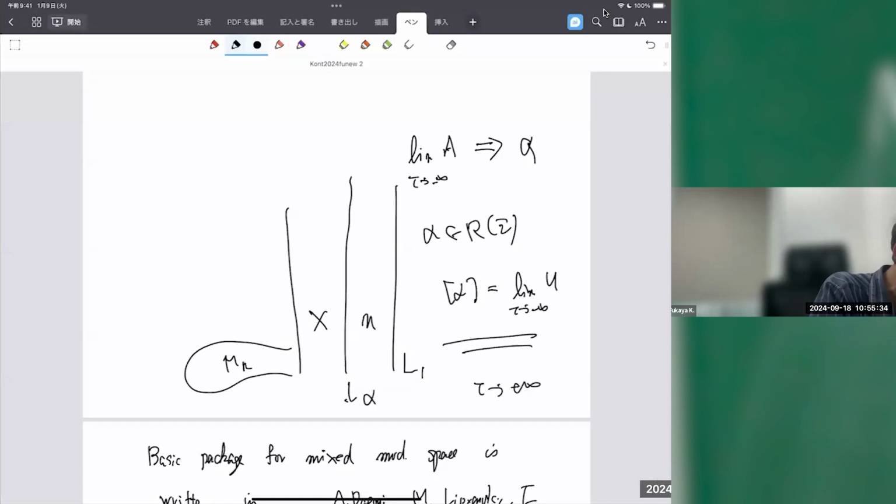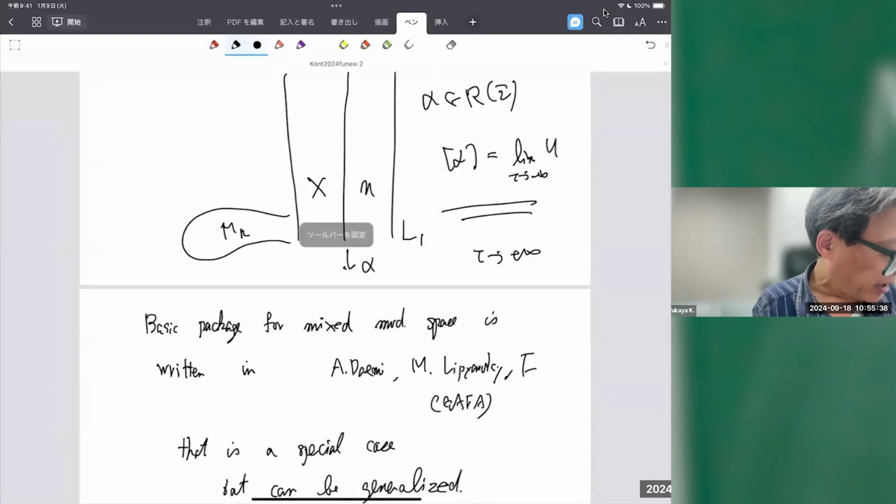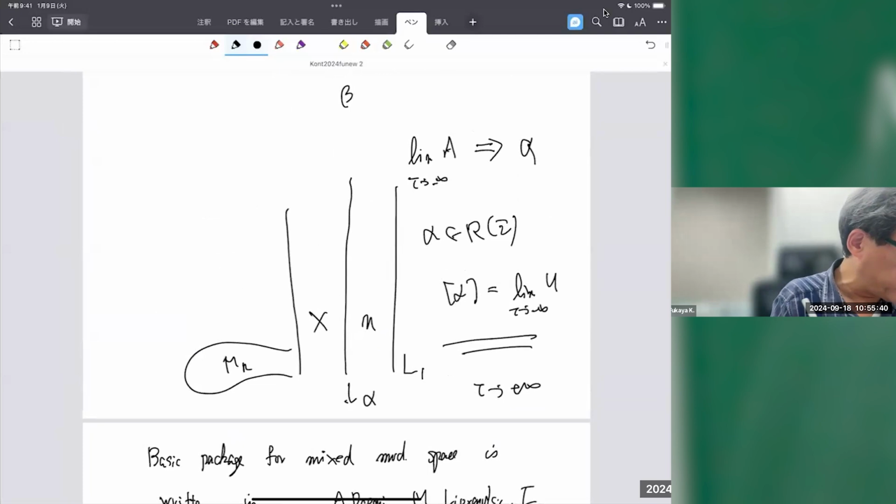Yes, you are right. So you have this alpha and you have a beta. So you have many things here. And so this is a mixed moduli space.